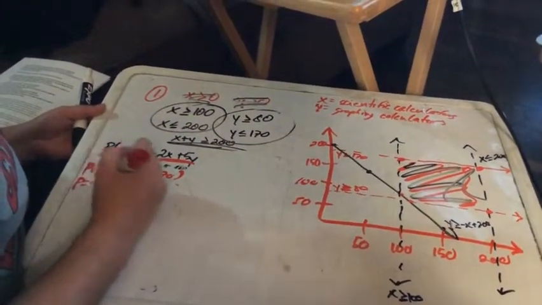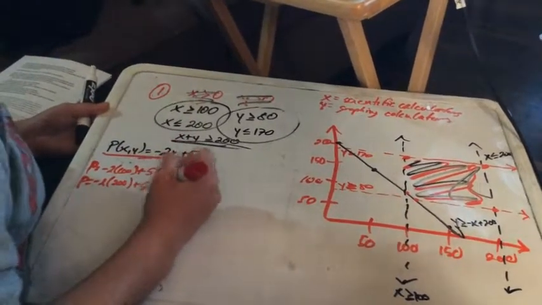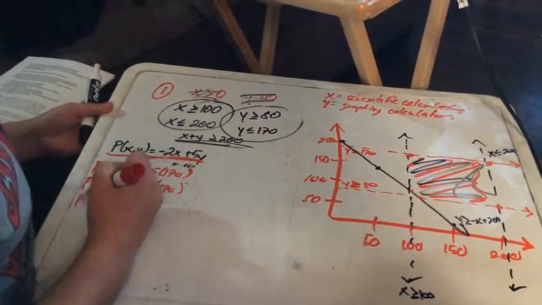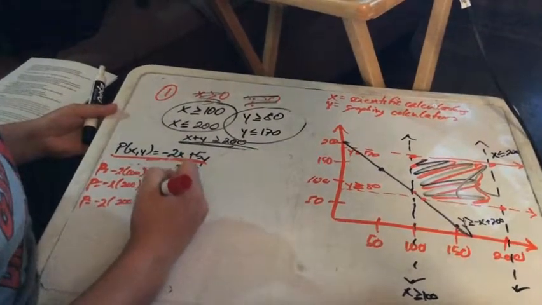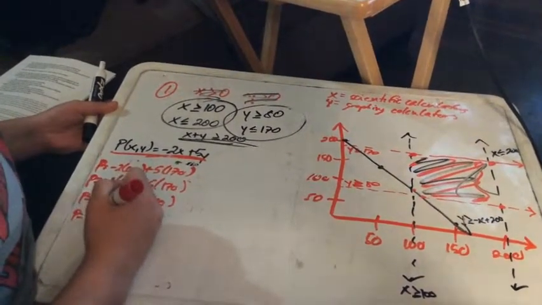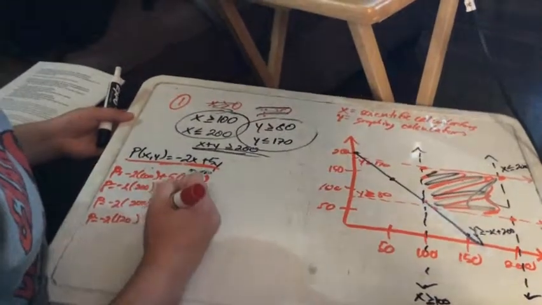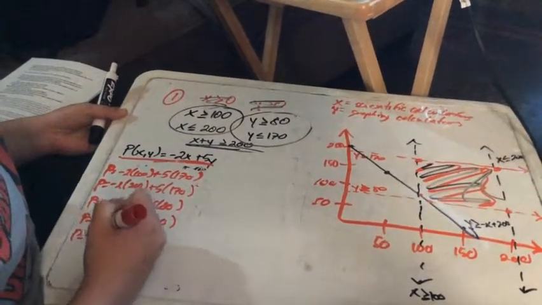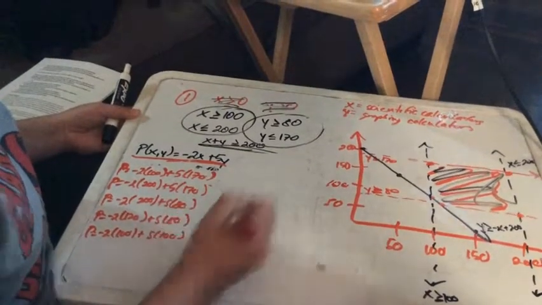P is also negative 2 times 200 plus 5 times 170, 200, 580, and 2, 120, it's 580, and negative 2 times 100, 5 times 100.